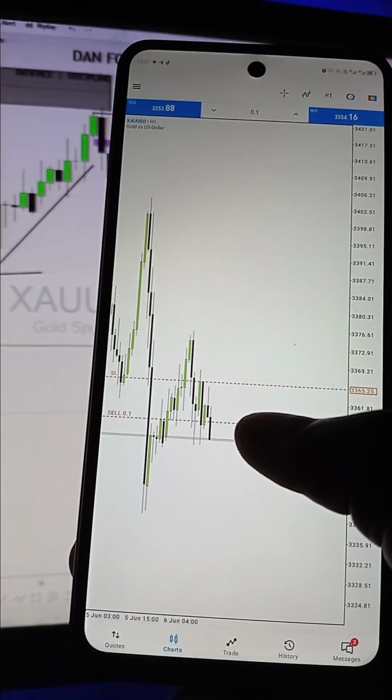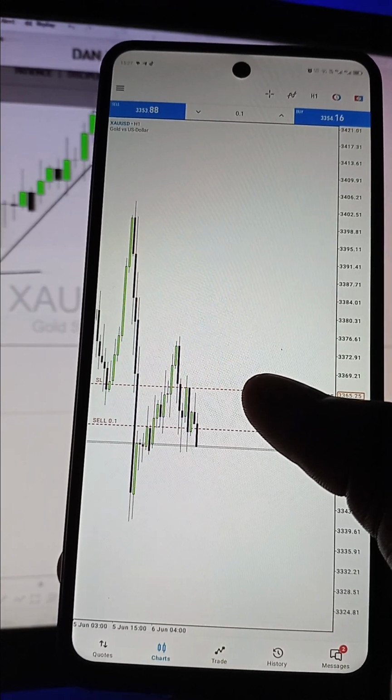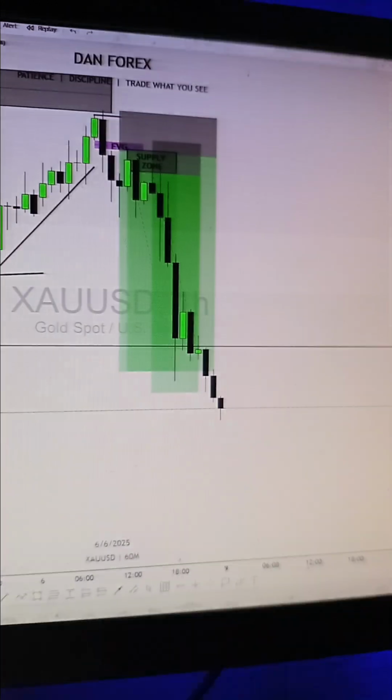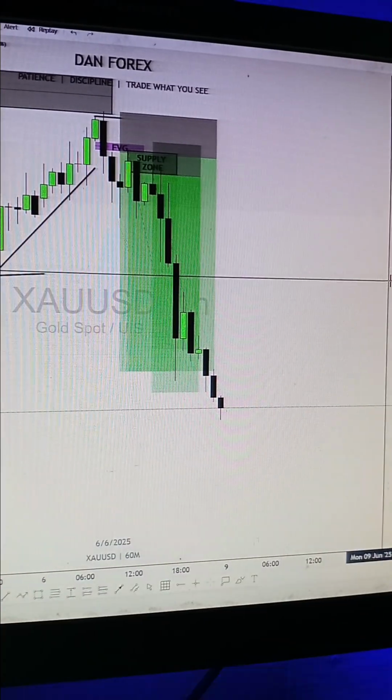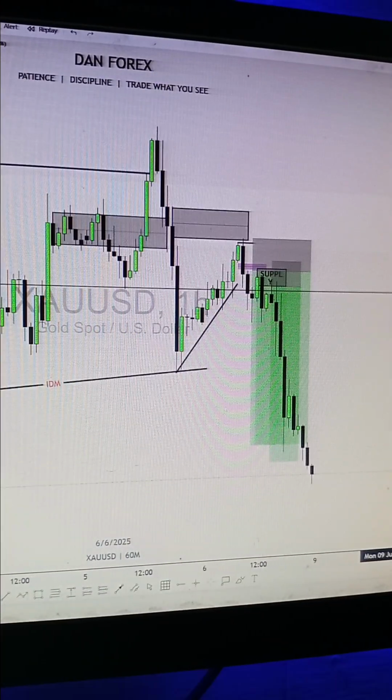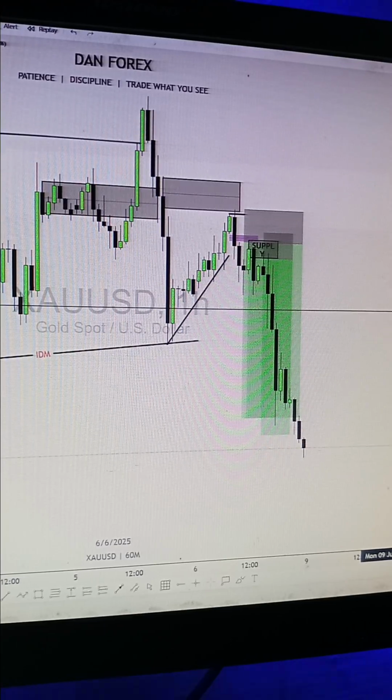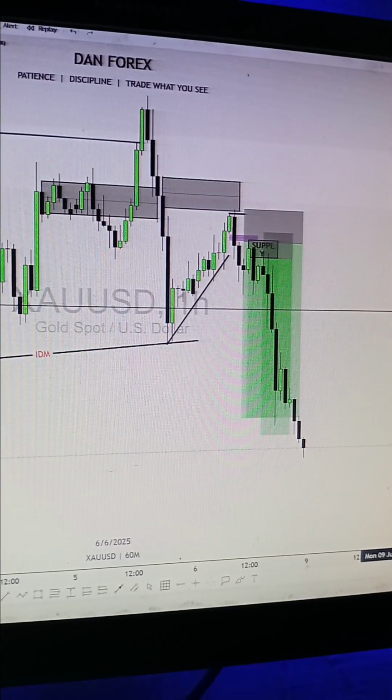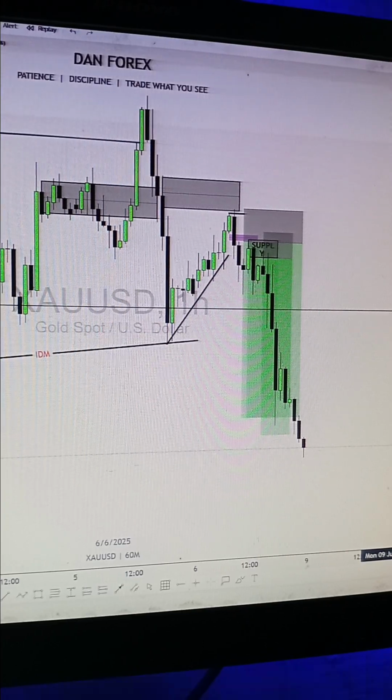So we entered here, stop loss above that area, and this is the result. And that is it.